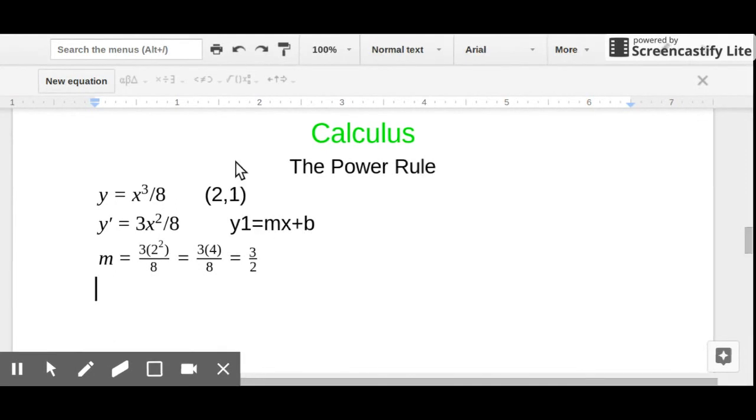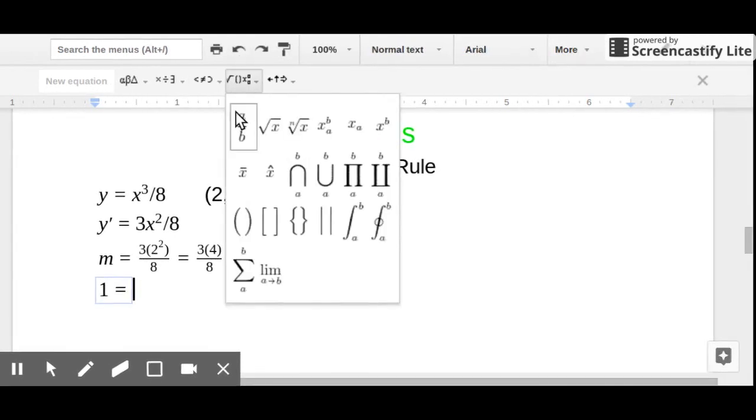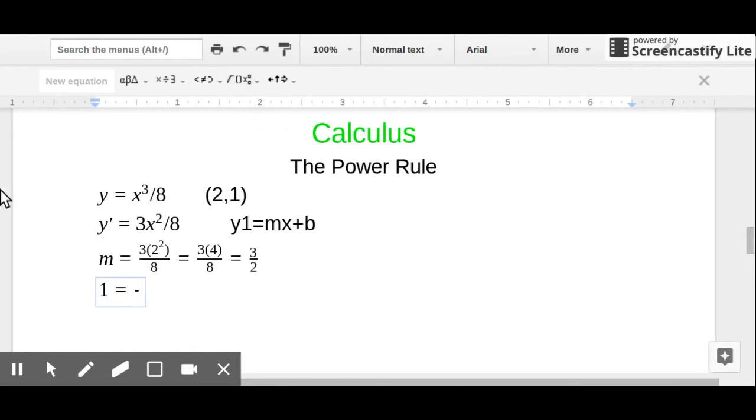So this is our y1, which happens to be 1, is equal to our m, which is 3 over 2, times our x, which is 2, plugging 2 in, and of course we're trying to solve for b in this equation.